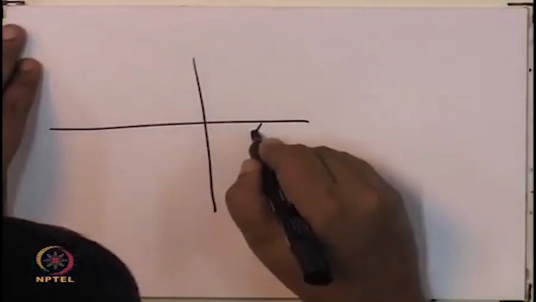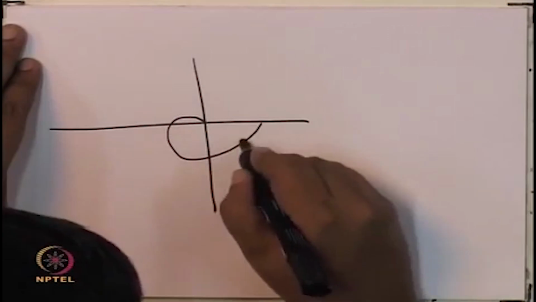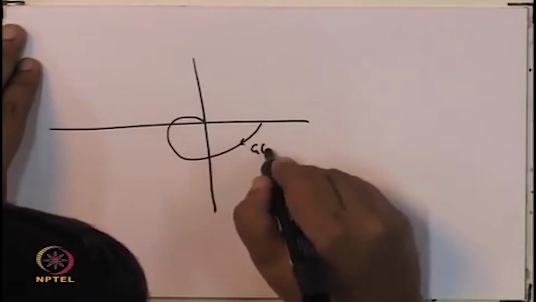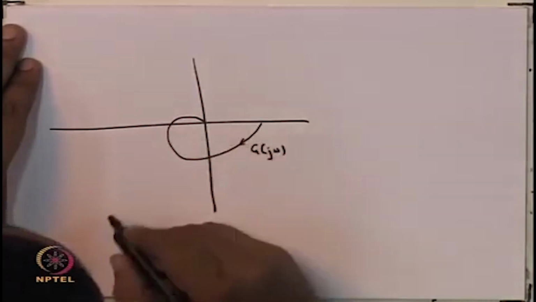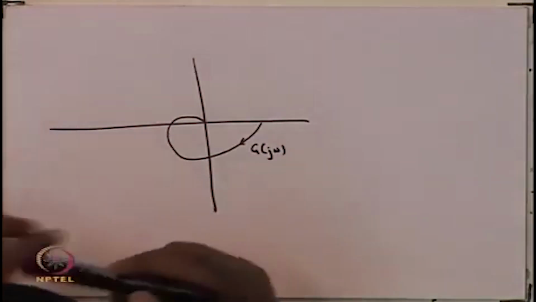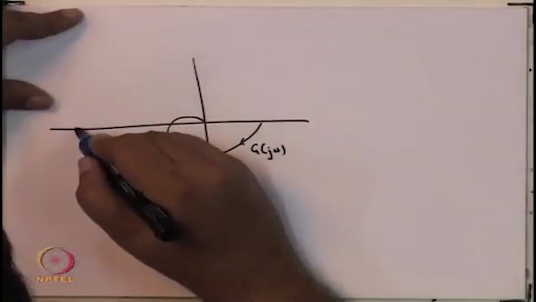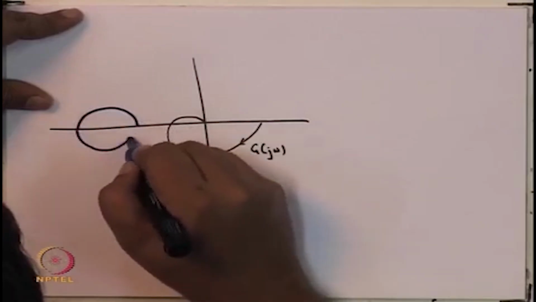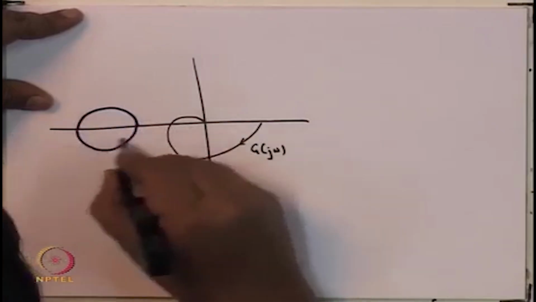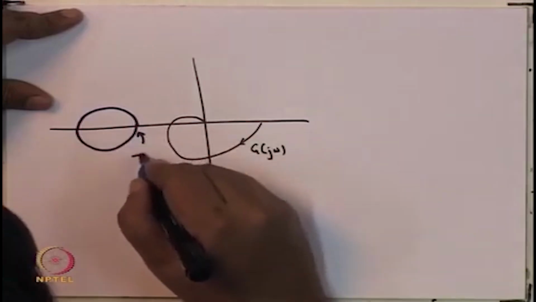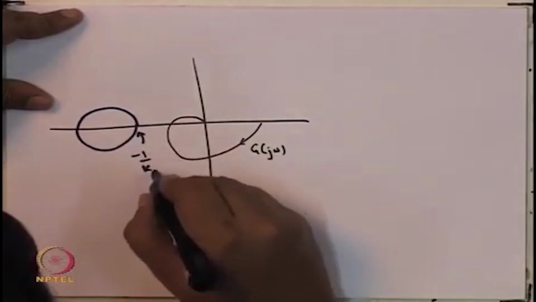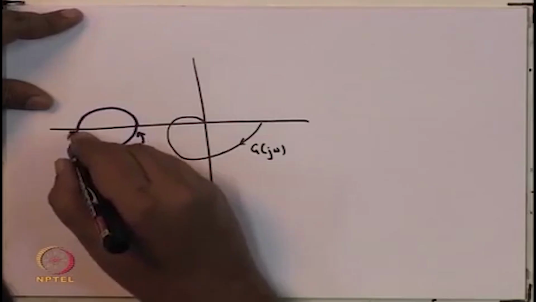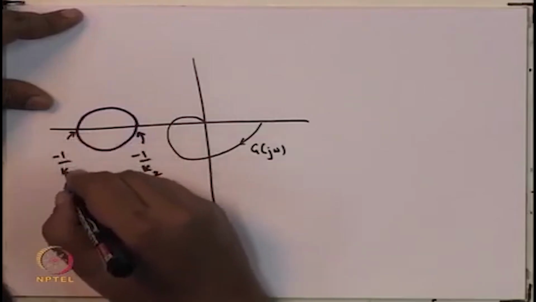So, let's say this here is the Nyquist plot that we have, and let me suppose that this here is the circle that we had obtained earlier. So, this is minus 1 by k2 and this is minus 1 by k1.